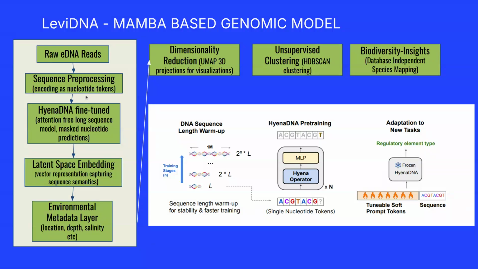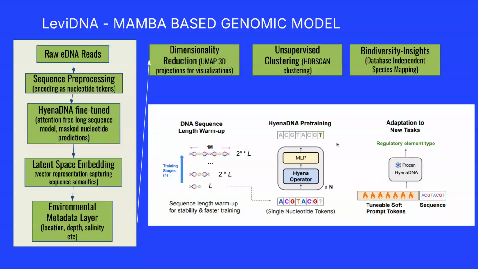I'll show you in a moment how we fine-tune the model. Then we take the latent space embeddings and pass them through the environmental metadata layer, then reduce dimensionality using UMAP, then run unsupervised clustering, and then we can get the insights.